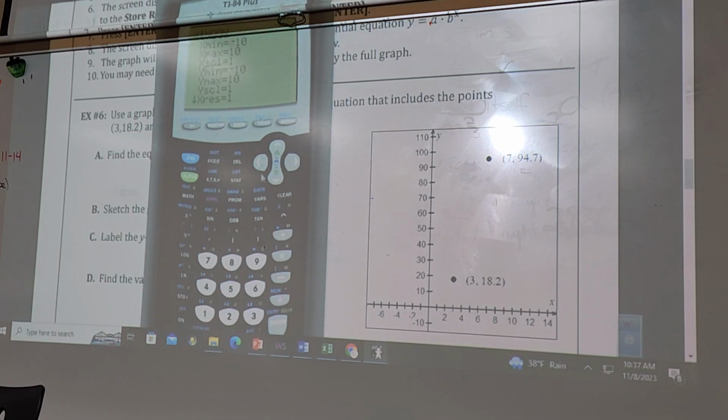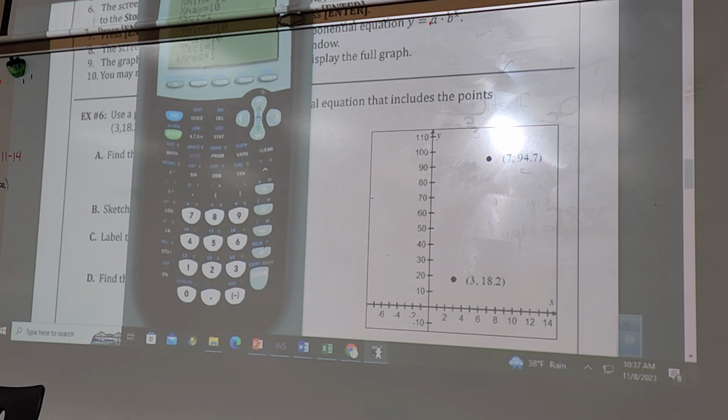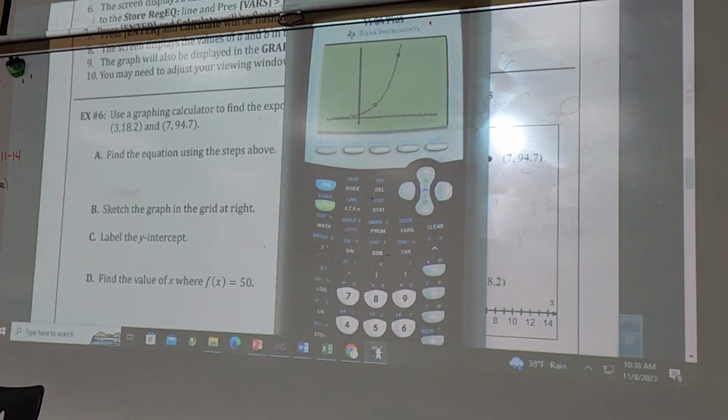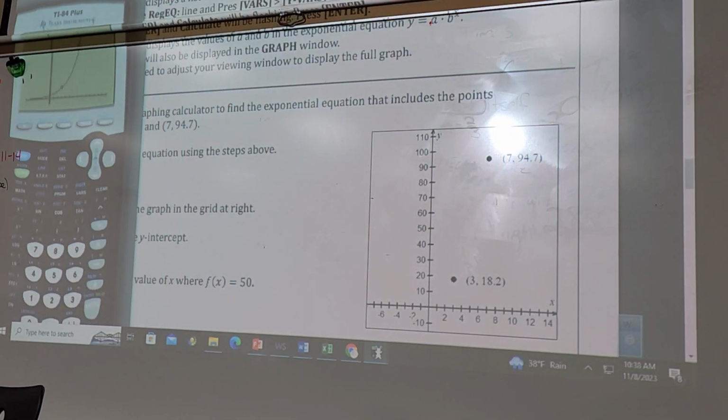So we're going to go to -6 to 14, and I'm going to do -10 to 110. Why not use our tools and not be a tool? And look, do you see the dots?